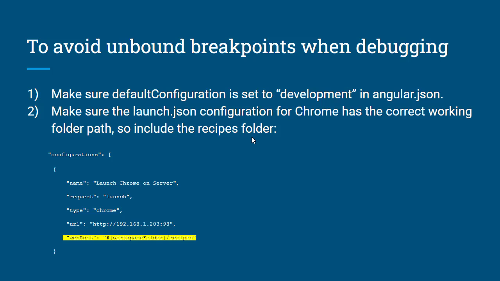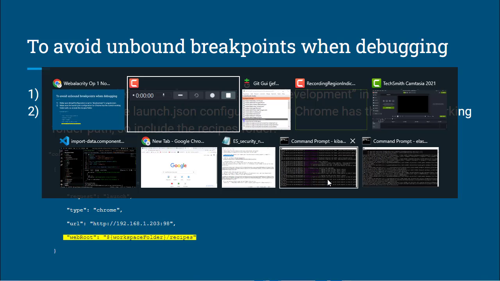And yeah, I'm sorry. Correction on that last point. Since in this particular debugging, we're debugging in Chrome, you've got to make sure that we add the recipes. By default, it just puts this workspace folder. You have to put that in. So I'll show you what actually happens. So let's switch back.